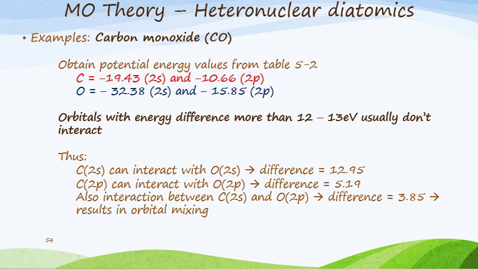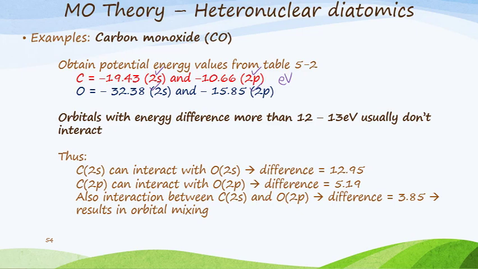For carbon, the 2s orbital is minus 19.43 and the 2p orbitals are minus 10.66. The units are electron volts. For oxygen, the 2s orbital is minus 32.38 electron volts, and the 2p orbital is minus 15.85 electron volts.